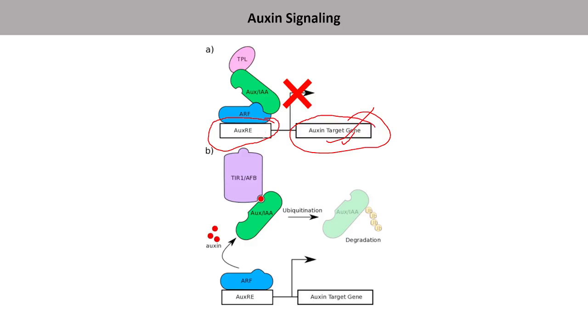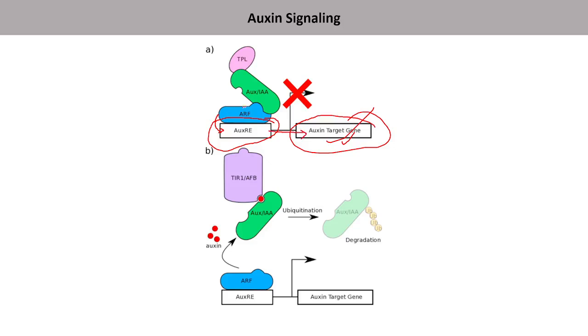So how can this AuxRE be activated? This can only be activated when the ARF, which is bound to this AuxRE, activates it. So basically, this is supposed to activate AuxRE, and then AuxRE will transcribe the auxin targeted gene.